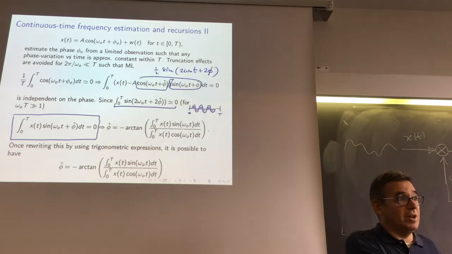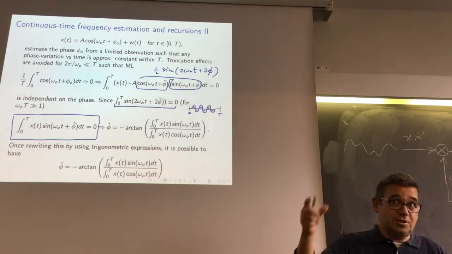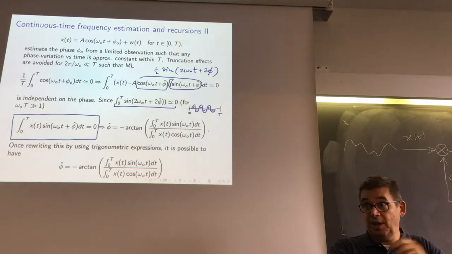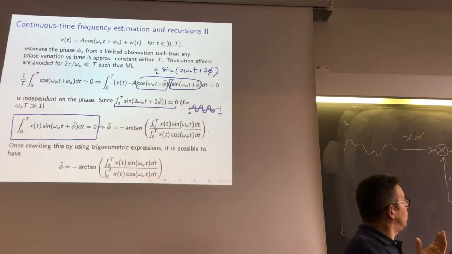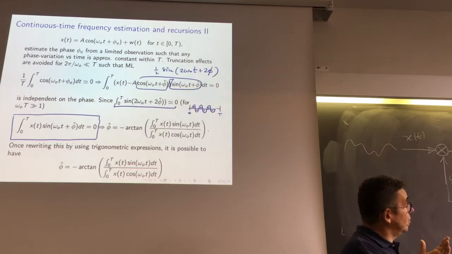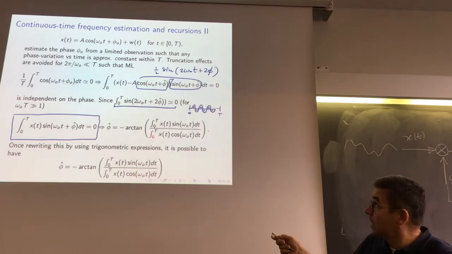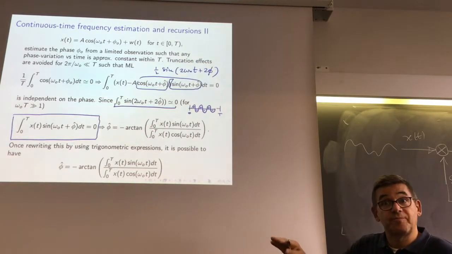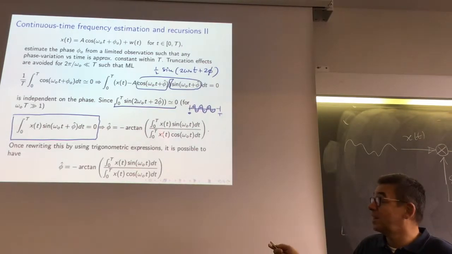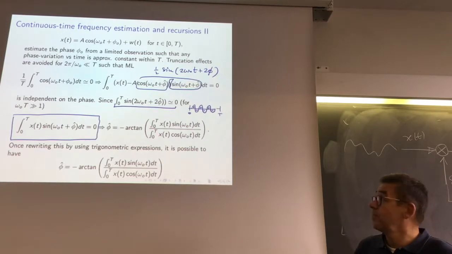You have a computer or a processor changing it for you. When you get to 0, you are solving the estimator equation, which is equivalent to getting the output. So when you get to 0, you get the estimated phase, obtained in this way.